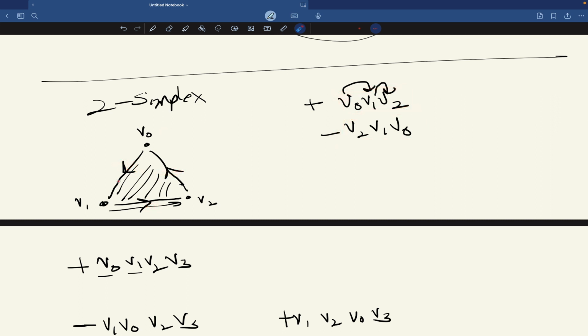But when we include directions, then the order in which we write the vertices to denote our simplicial complex matters. In one particular order you may have a positive coefficient, and in some other particular order which is against the flow you will have a negative sign. So this is how you denote your oriented simplicial complexes.